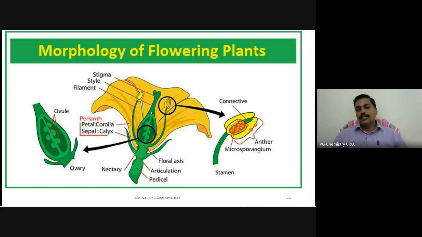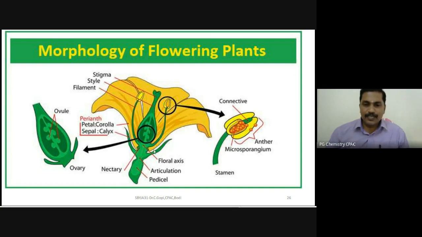Below the gynoecium, we find the androecium. See, the female reproductive part is followed by the male reproductive part. That is the androecium. Anther, magarandam. When you observe deeply, you see the pollen grains present in the sac of the anther. That is the microsporangium, consisting of microspores. The microspore is formed as pollen grains.